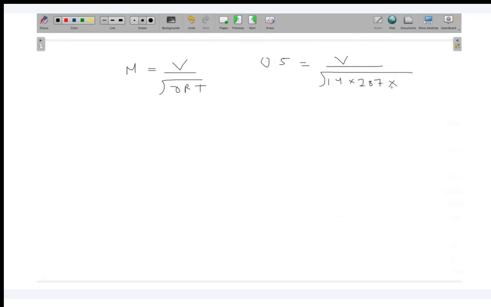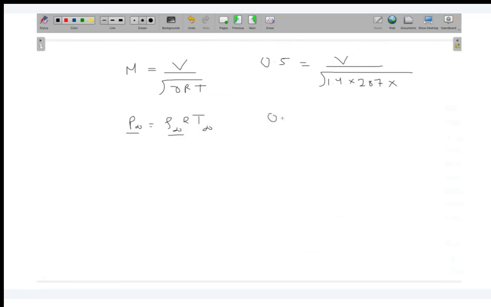So temperature you can evaluate from the ideal gas equation. So P infinity equals rho infinity R into T infinity, right? They've given you P infinity, which is measured from the static probe. Rho infinity they have given, R is also known, R is a constant, so only T infinity is left out.